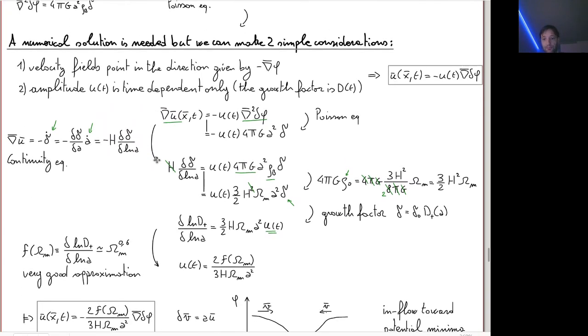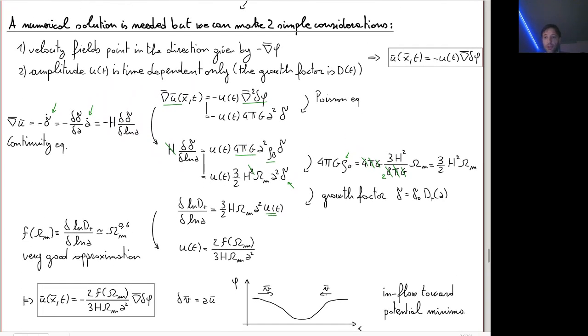Then we continue. Once we combine these two terms together, we substitute 4 pi G rho_b with the definition of omega. Remember this rho 0 is the background, so I wrote 0, but it should be b. Our rho_b for the background is just defined as omega_m times rho critical.